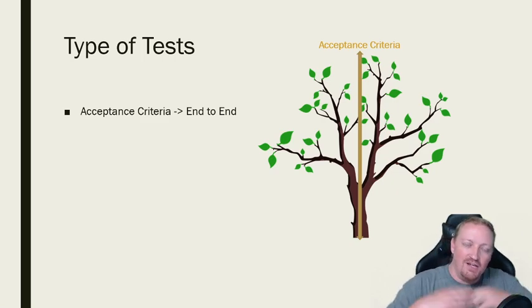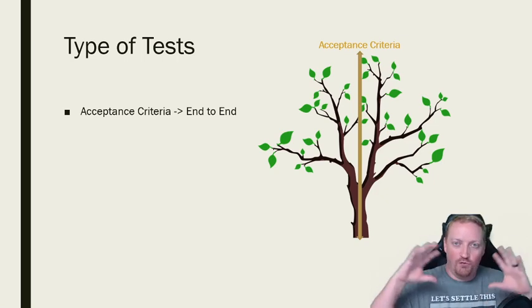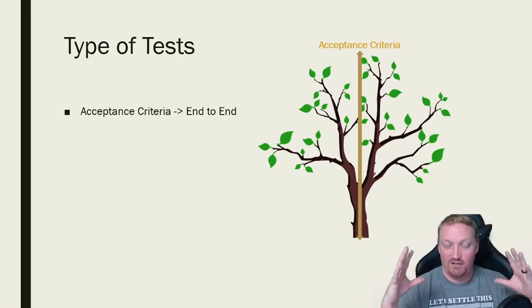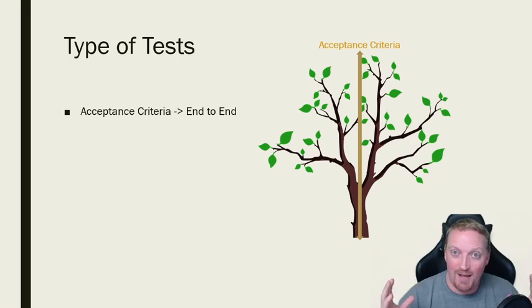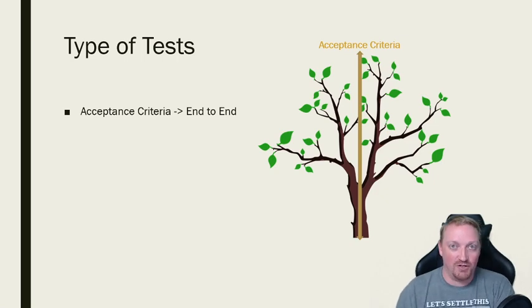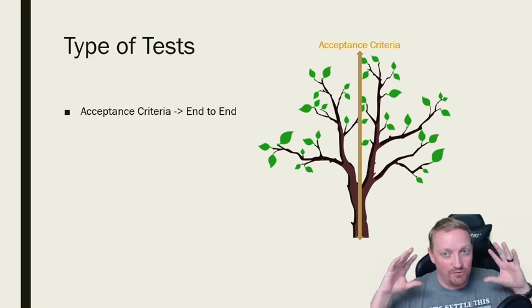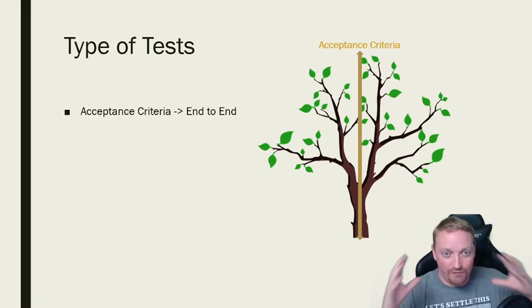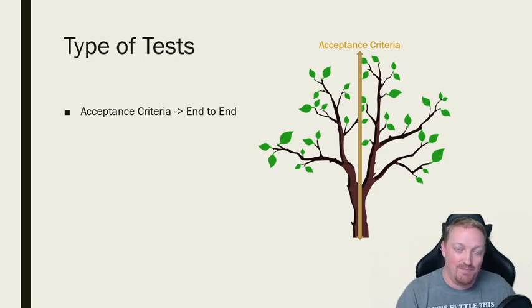So we're thinking about acceptance criteria in terms of the overall growth of the tree, or the overall growth of the application, the overall functionality of the application. And we codify that acceptance criteria with end-to-end tests. We say this is how our application should function, and we codify that behavior using tests that say, when the user does X, Y, Z, then this should be the output or this should be the result.